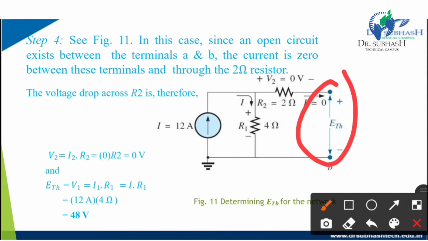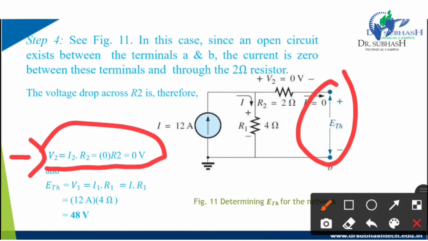So V2 equals I2 multiplied by R2, and I2 is 0 due to the open circuit, so V2 equals 0 volt. There is no voltage drop across the 2 ohm.